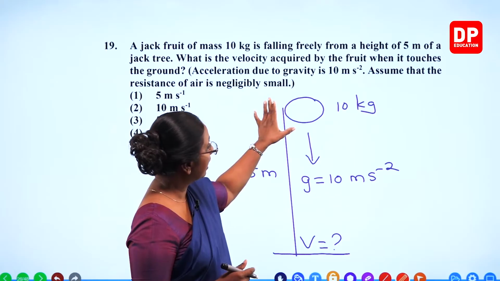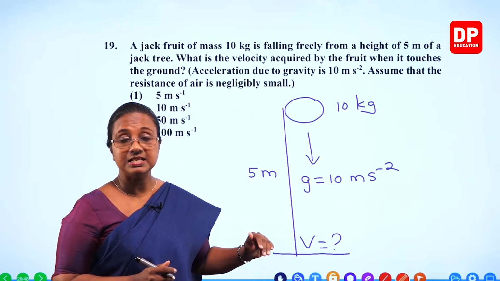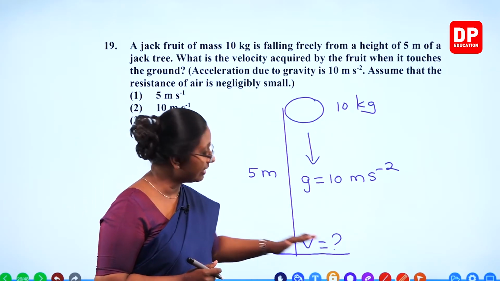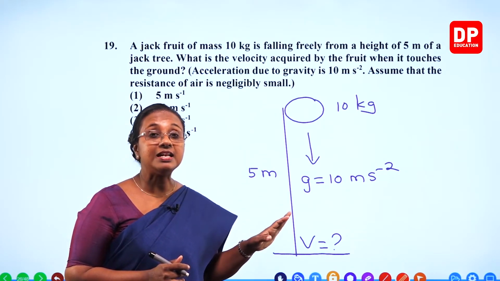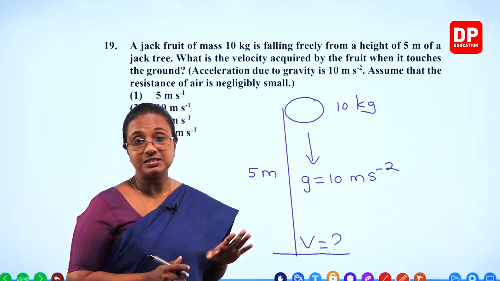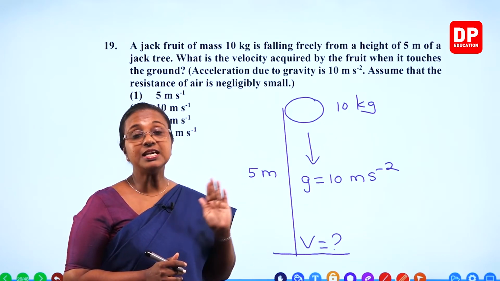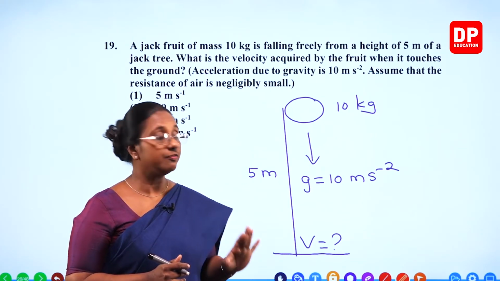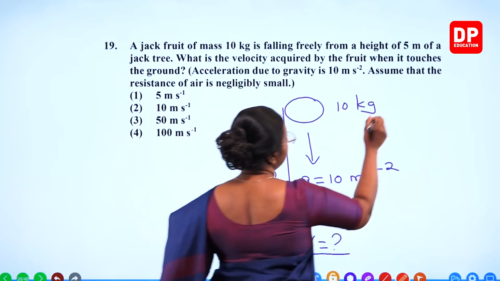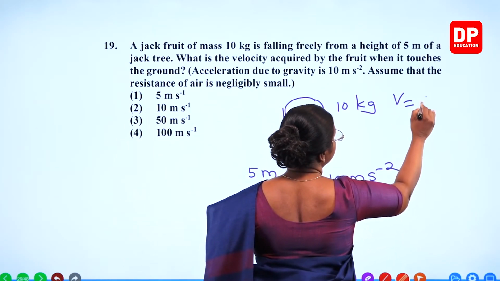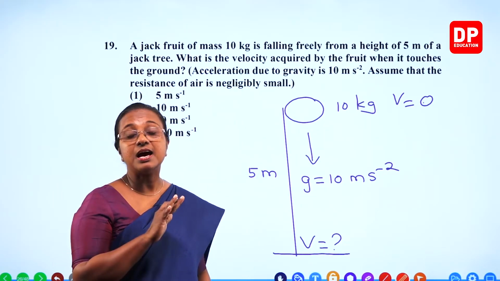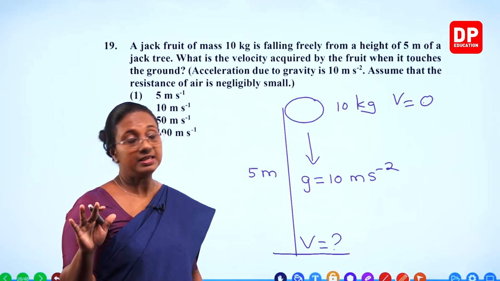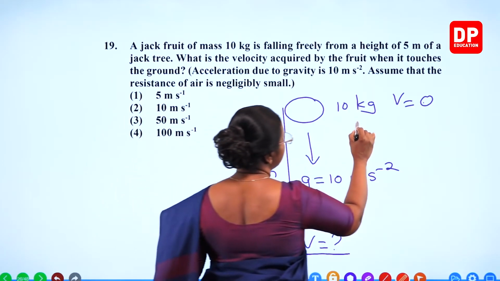Here you have the fruit at a certain height, and when it falls down, it will reach the ground with a certain velocity. So you can relate this to the mechanical energy, that is the potential energy and the kinetic energy of the fruit. The velocity of the fruit is 0 because it is on a tree. So there is no kinetic energy, but there is potential energy.